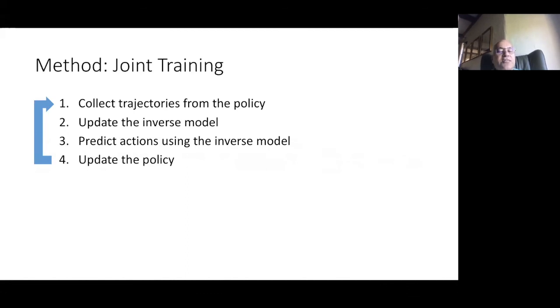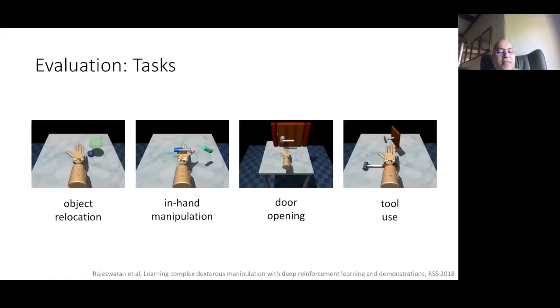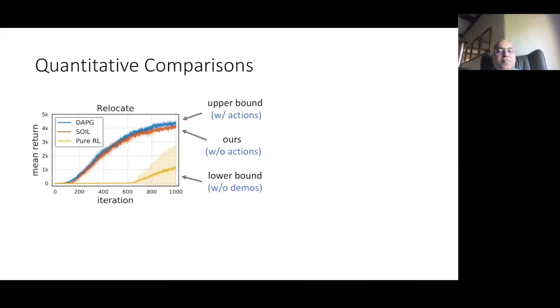So you collect trajectories from the policy, update the inverse model, predict actions using the inverse model, update the policy. And here are a variety of tasks: moving objects around, in-hand manipulation, opening a door, tool use.